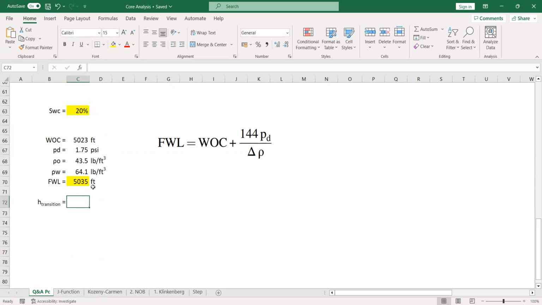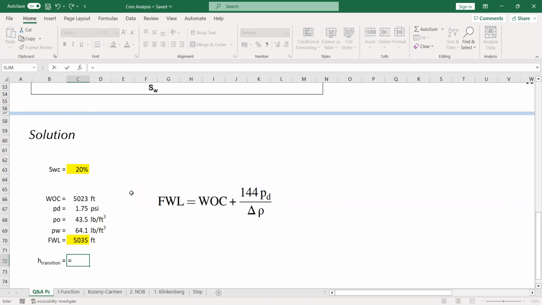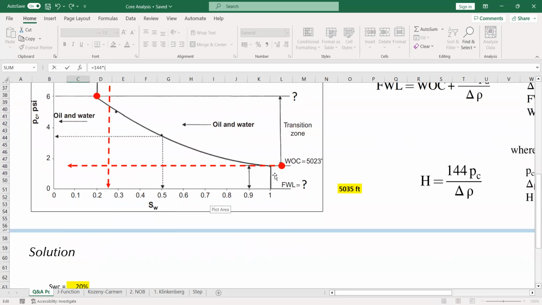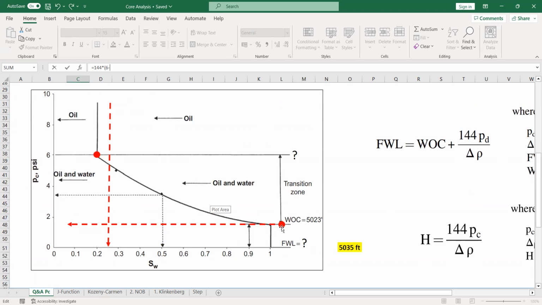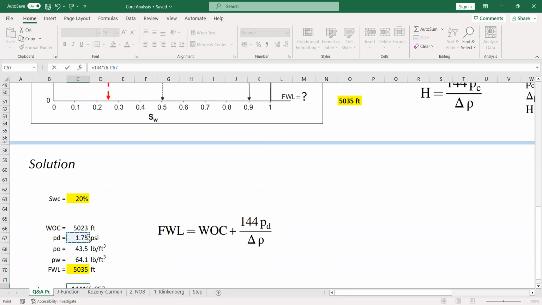The thickness of the transition zone should be 144, the conversion factor, multiplied by the difference in capillary pressure. The greater one should be 6, and the lowest one should be 1.75, the displacement pressure.